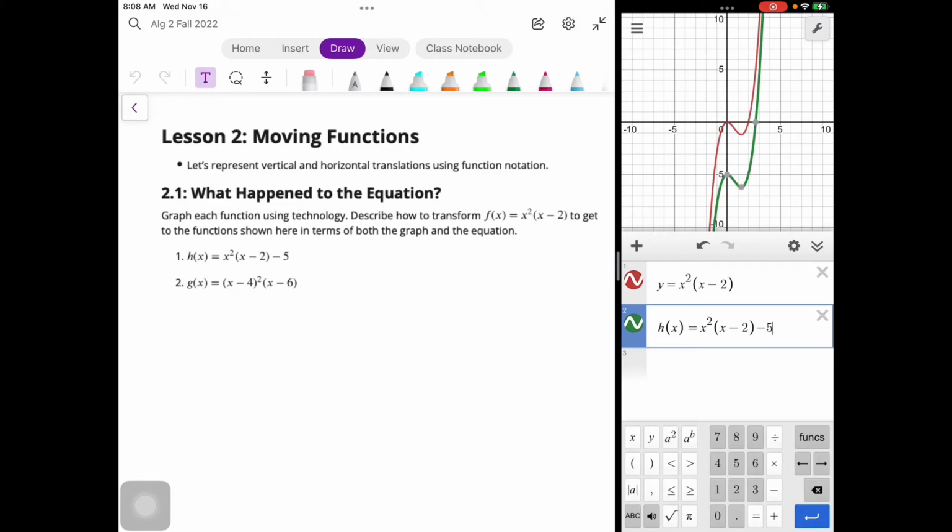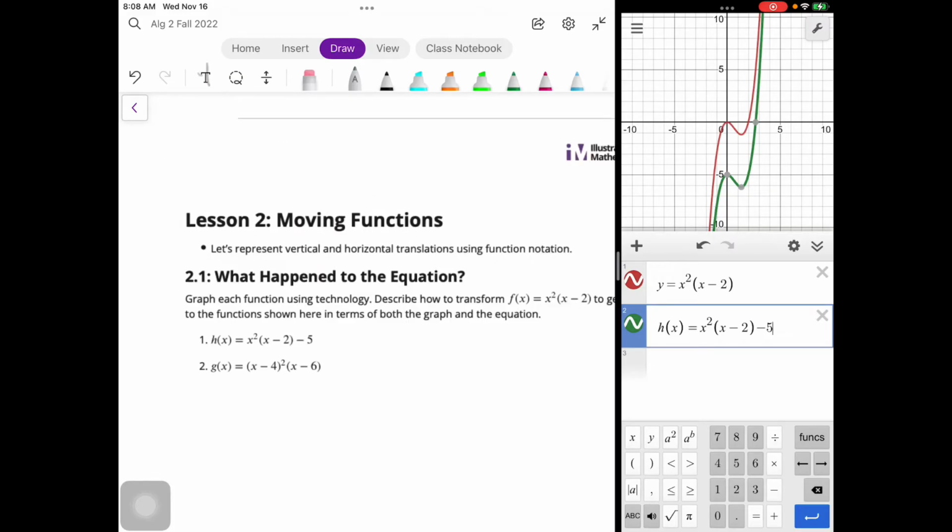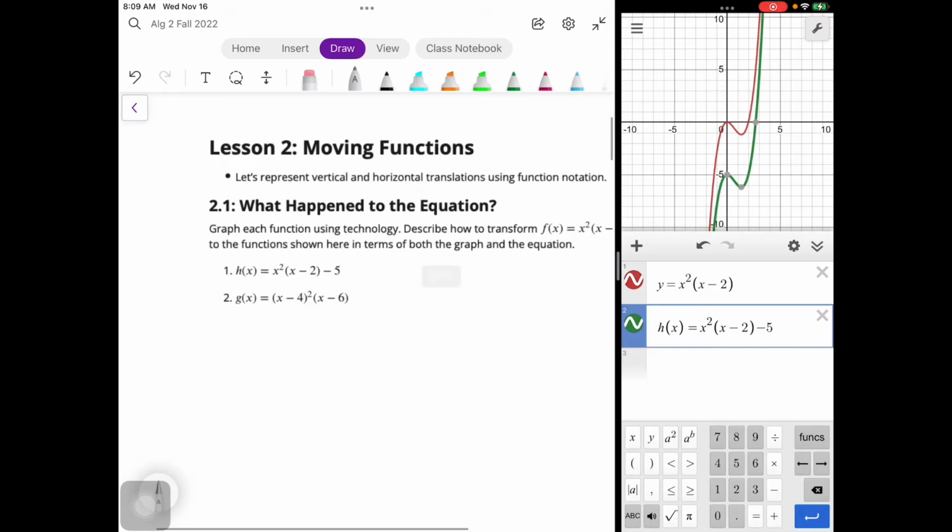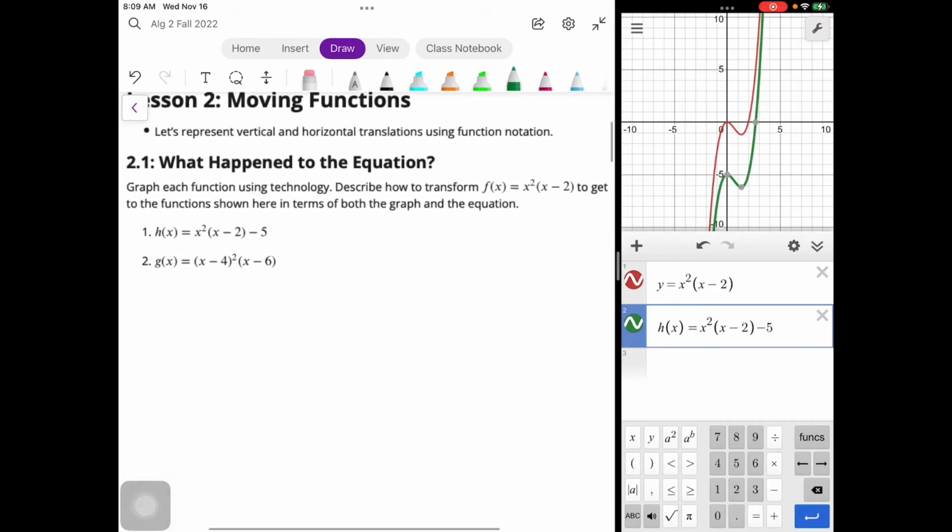So I'm going to use green so it matches. I want that translated. There we go. So it's been translated down 5 units. So that's the graph. The graph has been translated down 5 units. If we're looking at the equation, then your outputs are 5 units less.